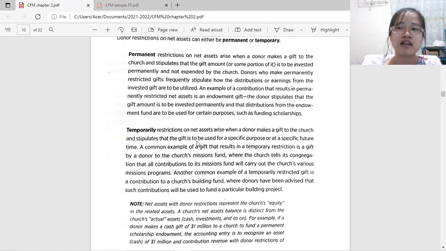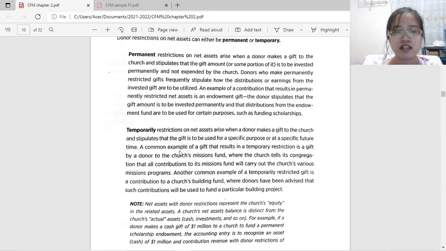But if the church begins the building project, they would be using the donation. In that case, if it's already used, it would be transferred to the asset account because it's going to be a building or construction in progress. So it would no longer be shown in the net assets. There's going to be a transfer from temporarily restricted fund to an asset.